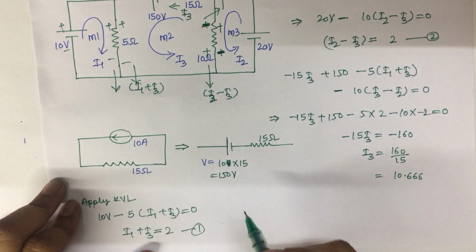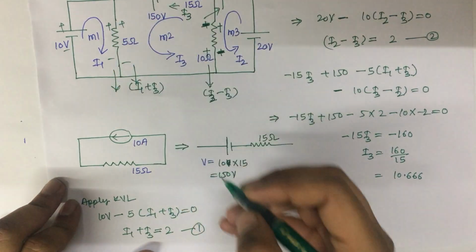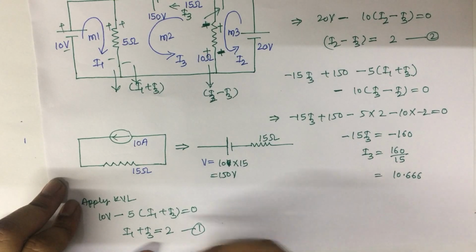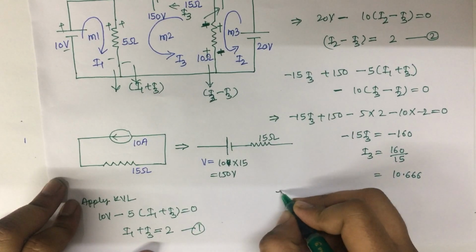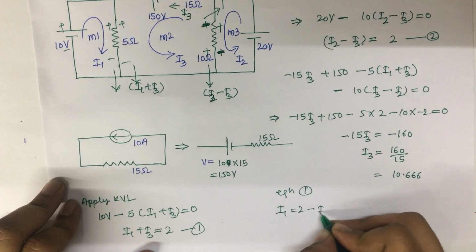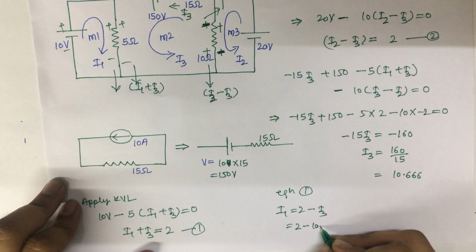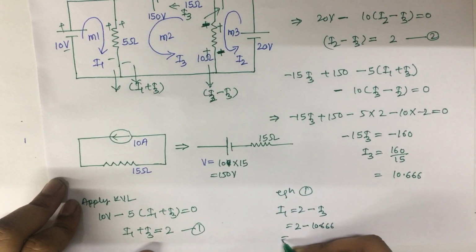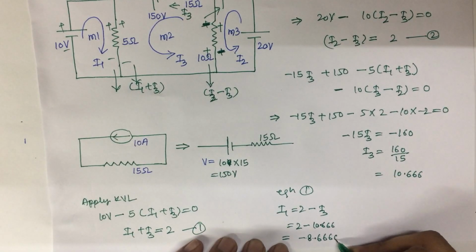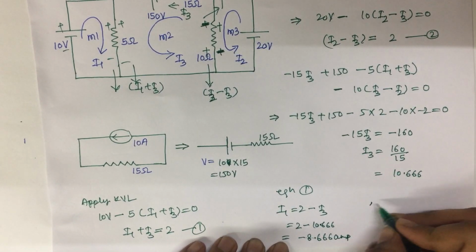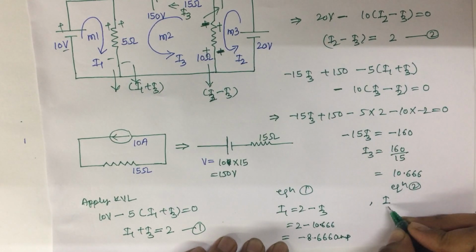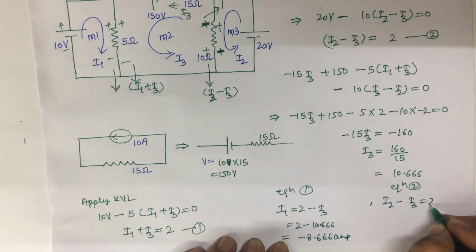So in this way we find I3 is 10.666. I1 here means the current supplied by this 10 volt source. So put the I3 value in equation number 1. I1 is equal to 2 minus I3, 2 minus 10.666, it comes minus 8.666 ampere. And for equation number 2, I2 minus I3 is equal to 2.